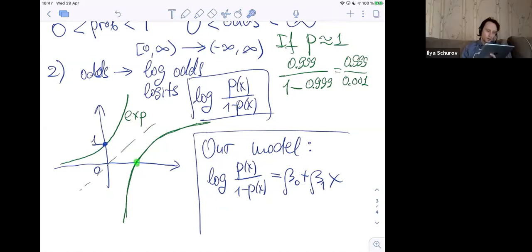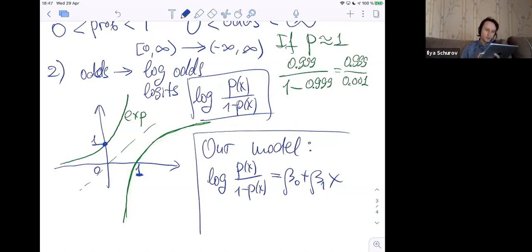And it means that this point, which is related to this point, has horizontal coordinate 0. So we see that for odds that are larger than 1, we have logarithm larger than 0. And for odds less than 1, we have logarithm less than 0.